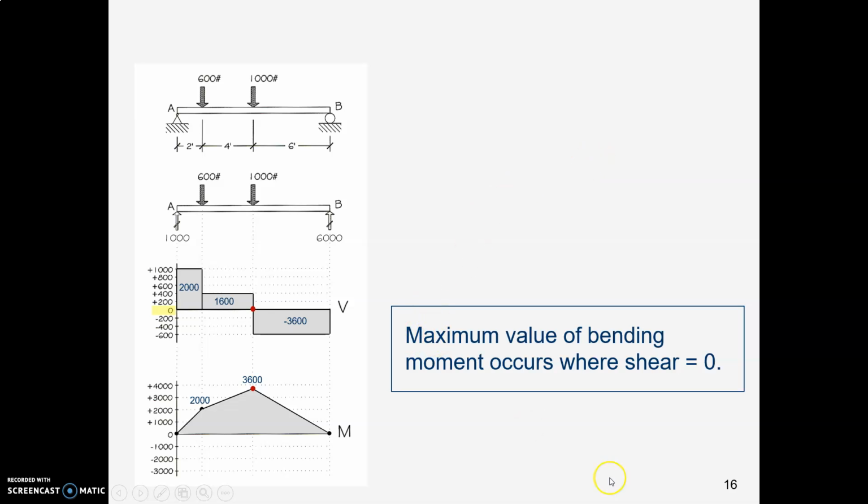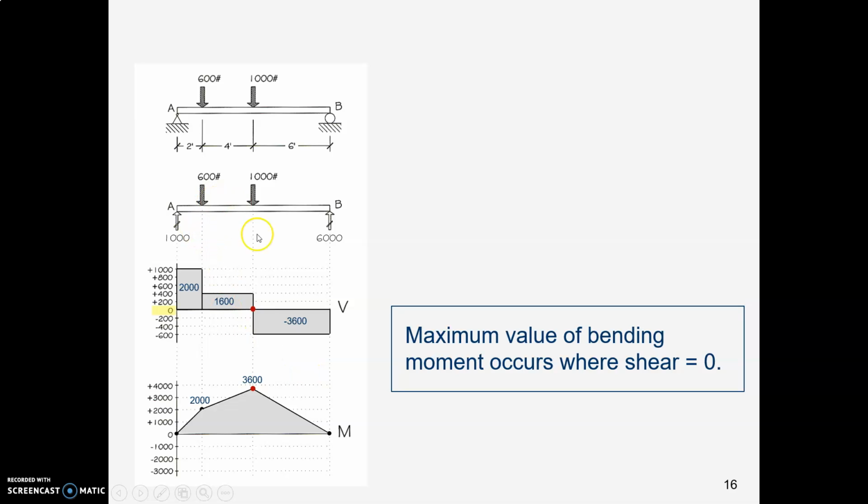Last slide, I just wanted to point out that it's interesting to notice that every time the shear diagram crosses the 0 line, that is a point where the moment is at its maximum.